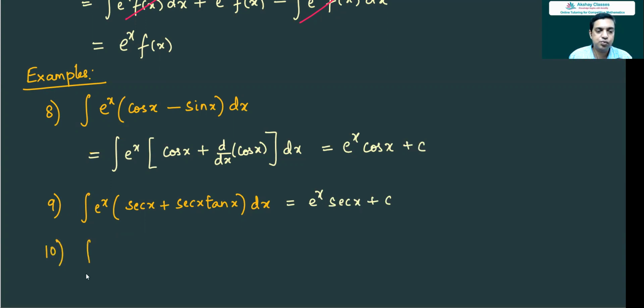Let's do now, little trick. E power x into x upon 1 plus x, the whole square. E power x into 1, e power x into x upon 1 plus x whole square.